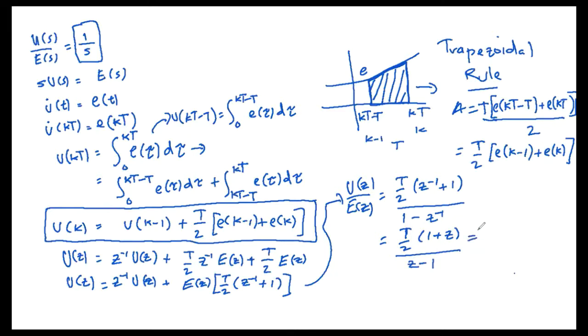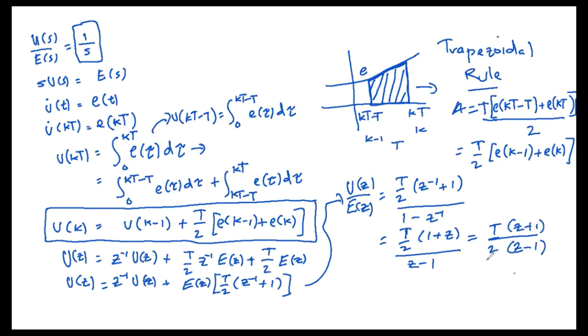And if we further simplify this, we will get T over 2 times z plus 1 over z minus 1.